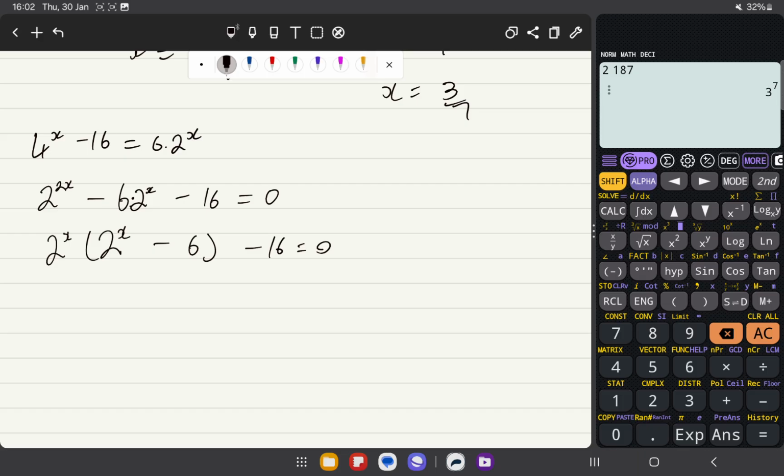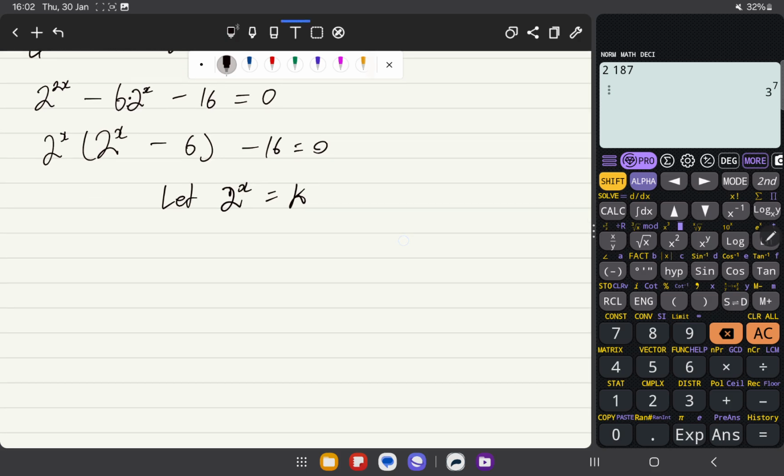So in this case, I can just say let 2 to the power of x be k. All right, I love k, so k is my favorite letter. So let that be k, and if that is the case, I have k into k minus 6 minus 16. That is k squared minus 6k minus 16.